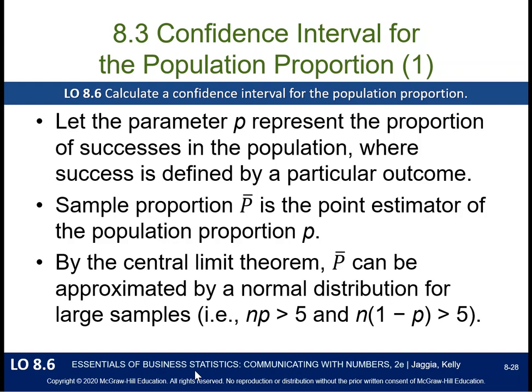But for proportions, in order to assume that it's a normally distributed sample, we have to have sufficiently large sample sizes, which we defined as n times p, the sample size times the probability, is greater than 5, and n times 1 minus p is also greater than 5. So again, we're going to have to check to make sure that we can assume they're normally distributed before we can use these formulas.